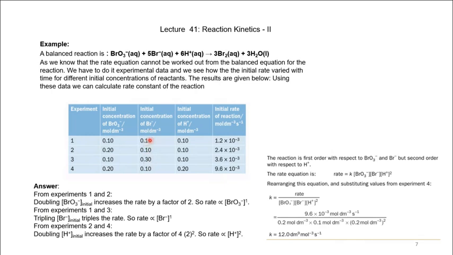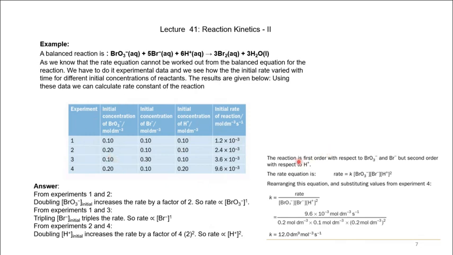The concentration is tripled, and the rate is also tripled, so the rate is proportional to bromide ion concentration. And then if we take experiments 2 and 4 and look at hydrogen ion concentration, it is doubled and the rate increased by a factor of 4, and therefore the rate is proportional to the square of the hydrogen ion concentration. So that's what we get from this data.